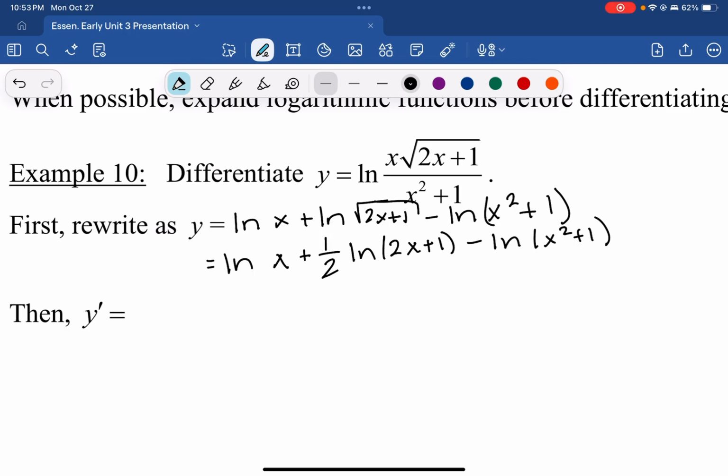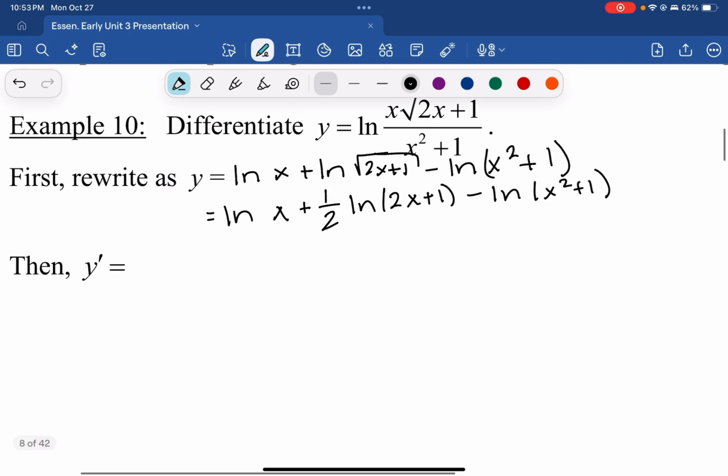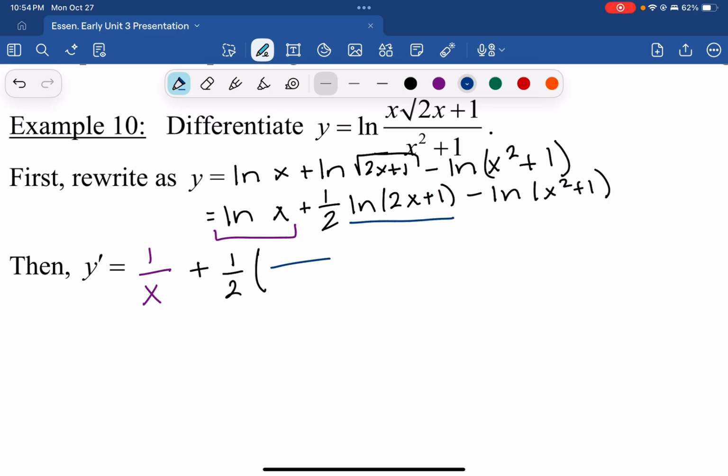Okay, so now we can take the derivative of each piece. So kind of color code this a little bit. The derivative of the natural log of x is 1 over x. Plus, that 1/2 is going to just chill out there because it's a constant. Then I have the natural log of 2x plus 1. So we're going to put that 2x plus 1 in the denominator. Take the derivative.